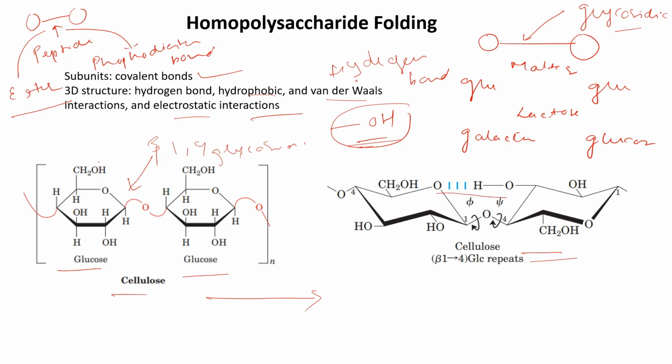See this? One glucose molecule is rotated 180 degrees with respect to the next glucose molecule. Because of this, the OH groups in these glucose molecules get arranged in such a way that they get involved in hydrogen bond formation, as we can see here.